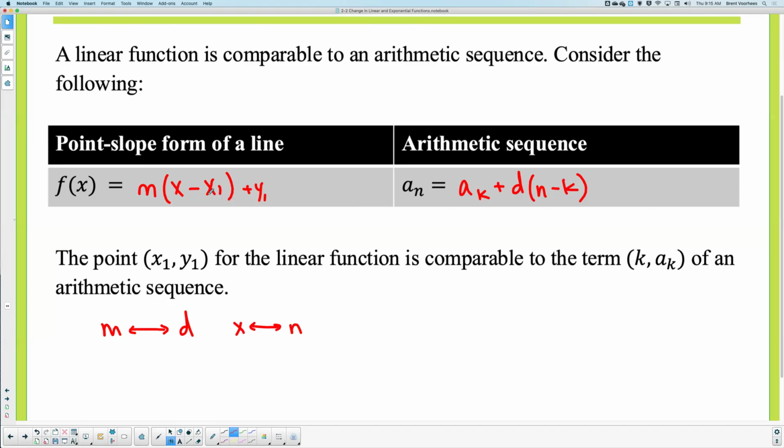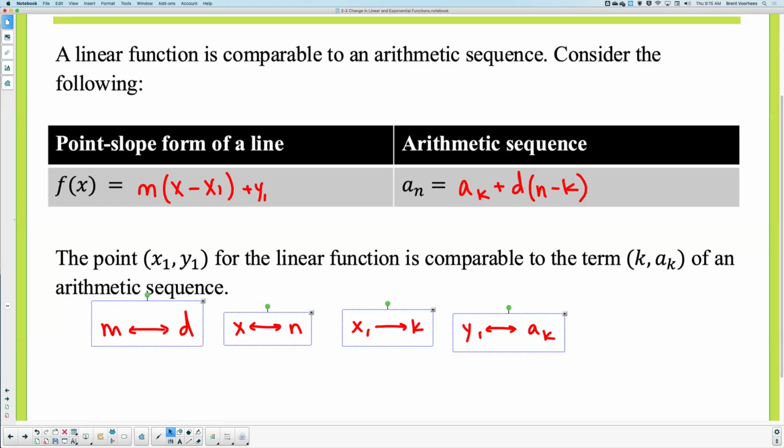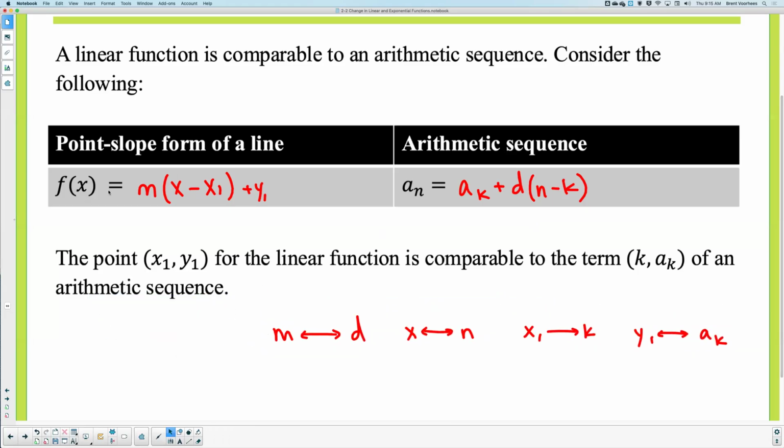Okay, what about x1? The k, very good. x1 is similar to k. Finally, what is similar to y1? a_k, very good. I could go one further. What corresponds to f of x? You got it. All those correspond to one another.